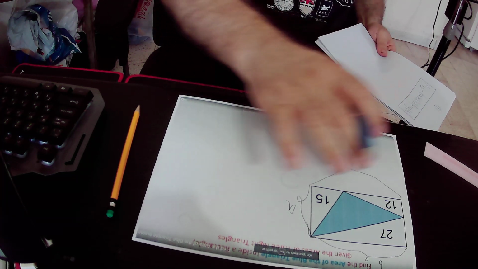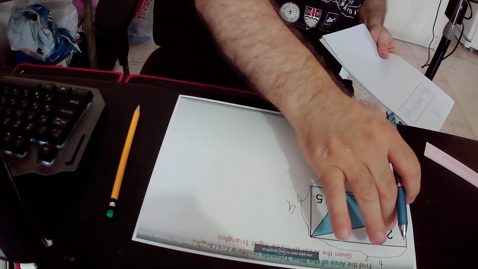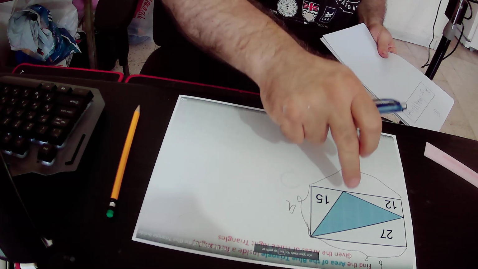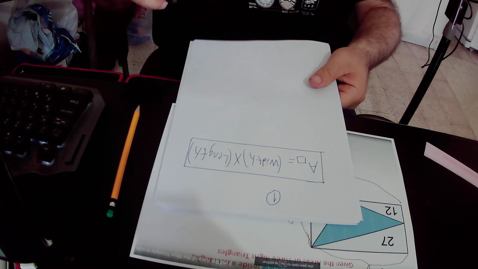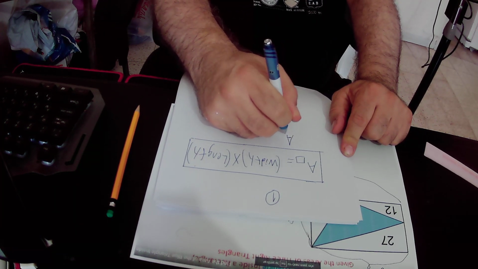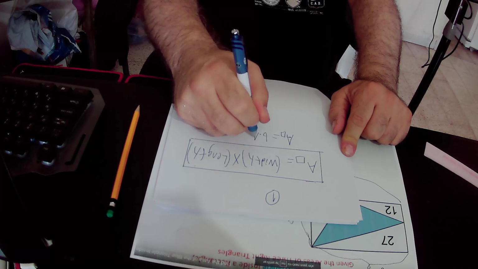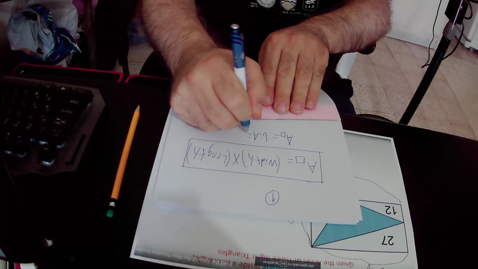So the area of the rectangle minus the sum of the areas of the three right triangles will be the area of the blue triangle, and that's all. So the area of this specific rectangle equals B times A, or A times B, is the same.